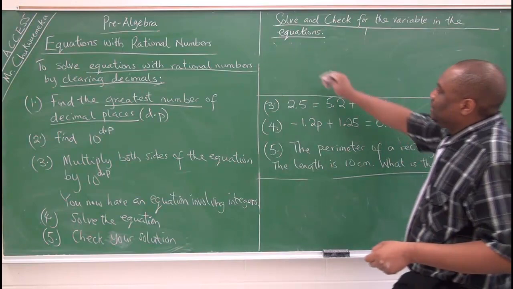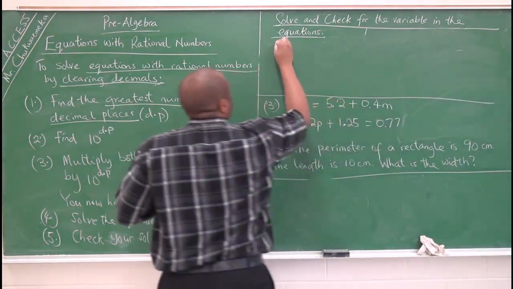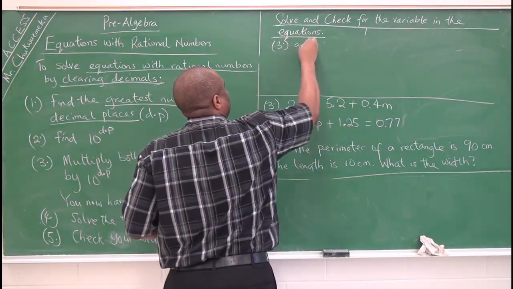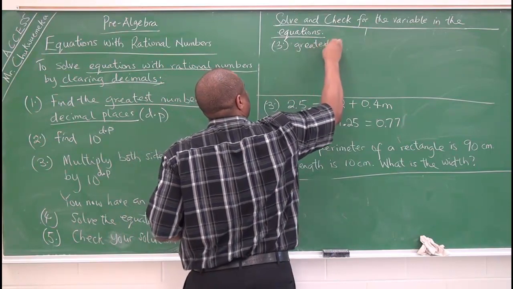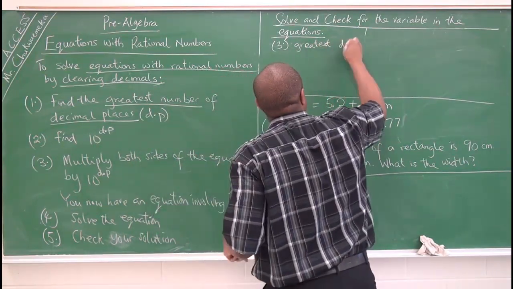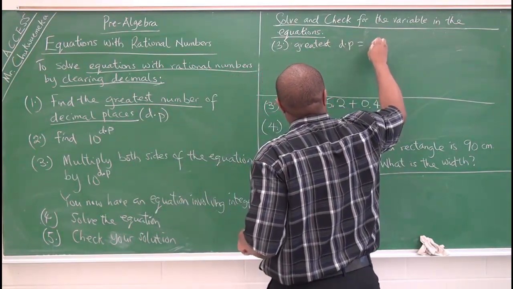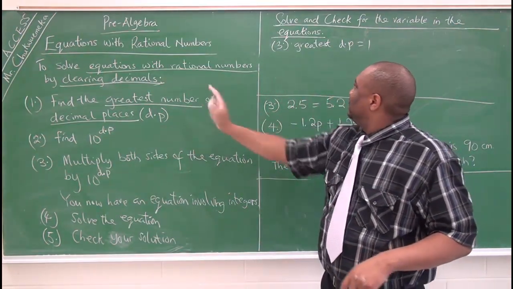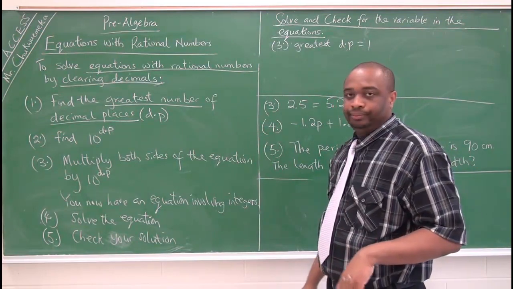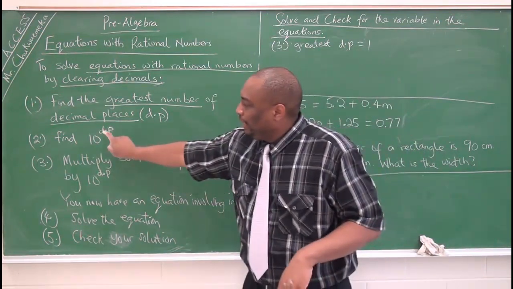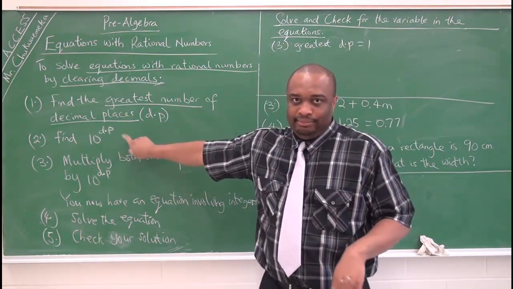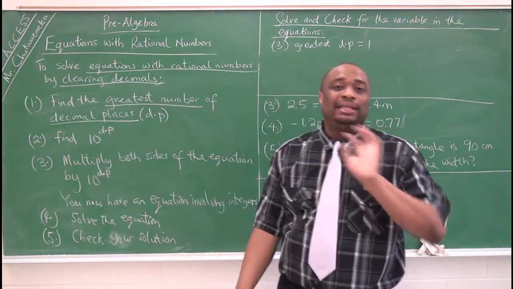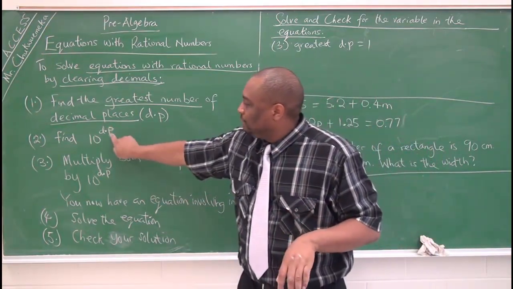So the greatest decimal place in question 3 is 1. Take note: not just decimal place, but greatest decimal place.